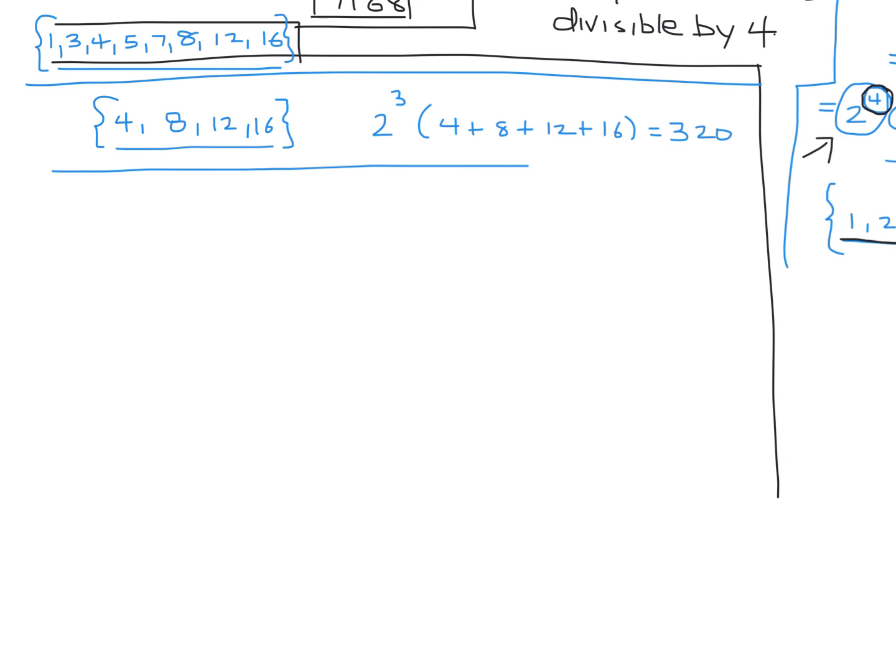Now this one is guaranteed that this scenario is that every subset will be a multiple of 4. But there's going to be other subsets, right, that we can create from using numbers from that original group of 8 numbers.